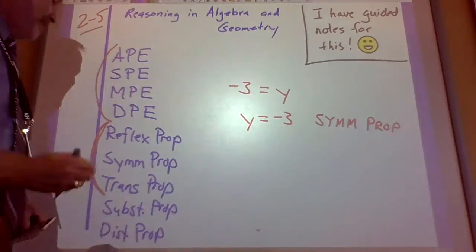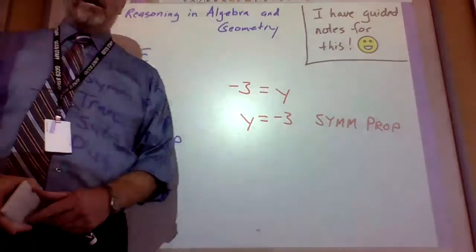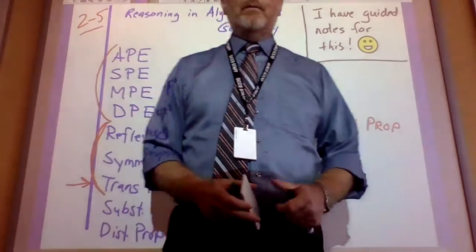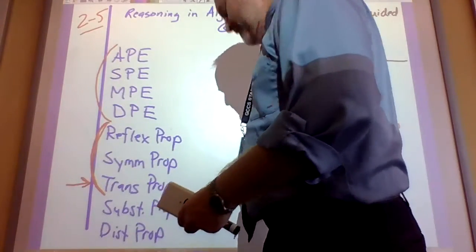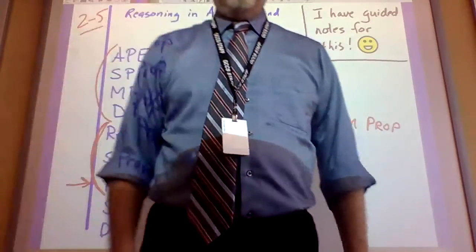Okay, now my favorite one is the transitive property. And this is the one I was trying to get you all to see was very similar to the law of syllogism from the last lesson. Now here's how this works. The transitive property says, and I need 3 items for this one. So here we go.